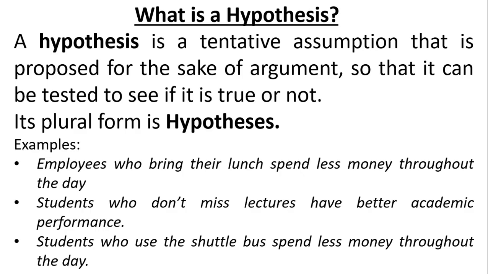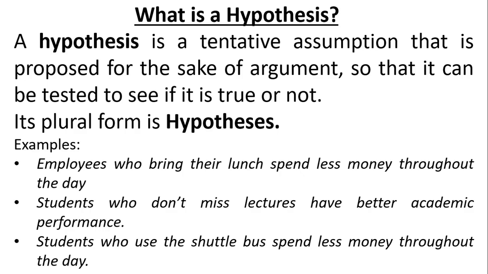So let's look at examples of tentative assumptions that we make day to day in our daily activities. One is: employees who bring their lunch spend less money throughout the day. So it's an argument, like putting that on a debate. Workers that come with their lunch to work tend to spend less in a day.